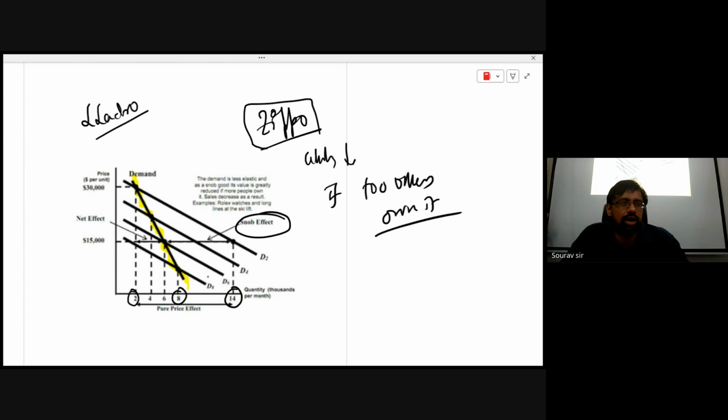This is not the demand curve, this is not the price slab. So the snob effect is saying that the fall in the demand due to this snob effect is happening due to this part. But if you increase the price to this level, then he tries to go for this thing, and this is the snob. So the net effect is this area.